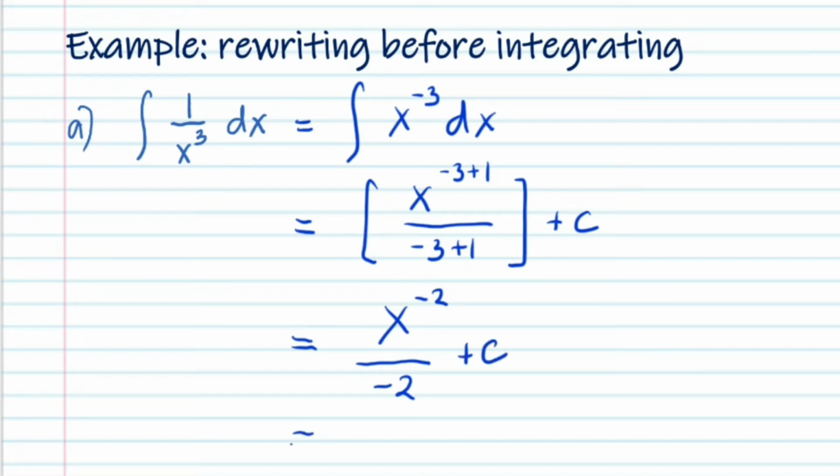So simplifying our answer, we get negative 1 over 2x squared plus c.